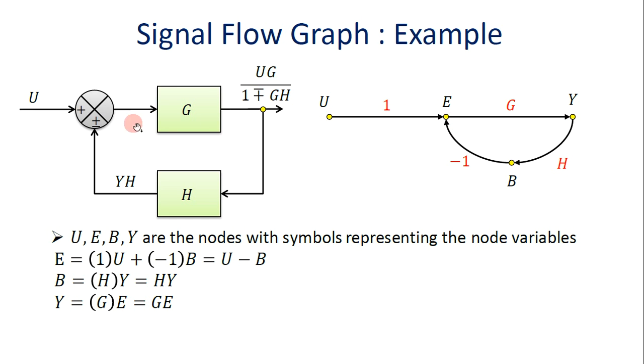From U to E, this one is E. From here to here it is represented like this, and the feedback is H. Since from here to here there is no forward gain, we represent it with 1, and from here to here the forward path gain is G, and from here to here the path gain is H. So U, E, B, Y are nodes with symbols representing the node variables, and E is equal to U minus B, where B is equal to HY and Y is equal to GE.